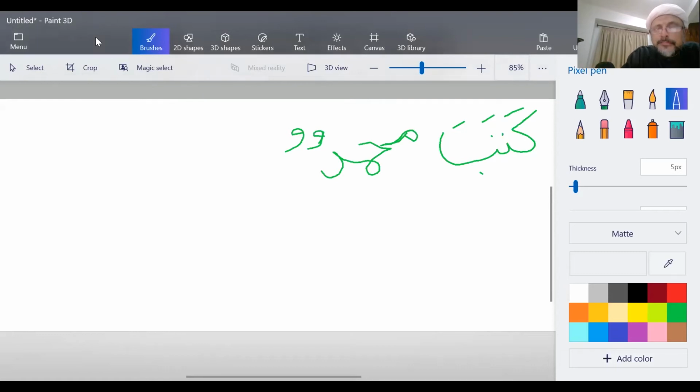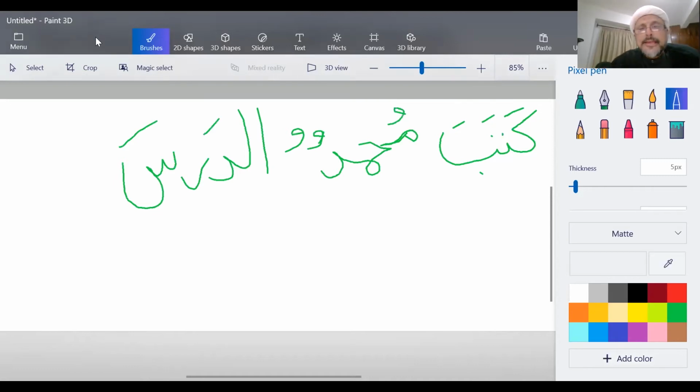Remember, there's no alif wal lam. Kataba is a verb. I'm not supposed to use green color because it is the color of preposition, but anyhow, just bear with me.